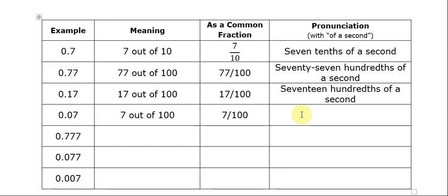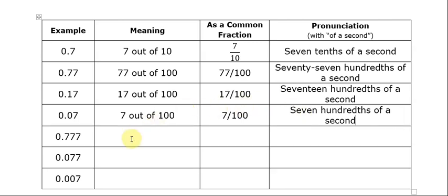And how do you pronounce 7 out of 100? How do you pronounce 0.07? It's actually 7 hundredths. And in our context, we will say of a second. Now that is even a very much faster speed. All right, let's look at 3 more. So we have 0.777.